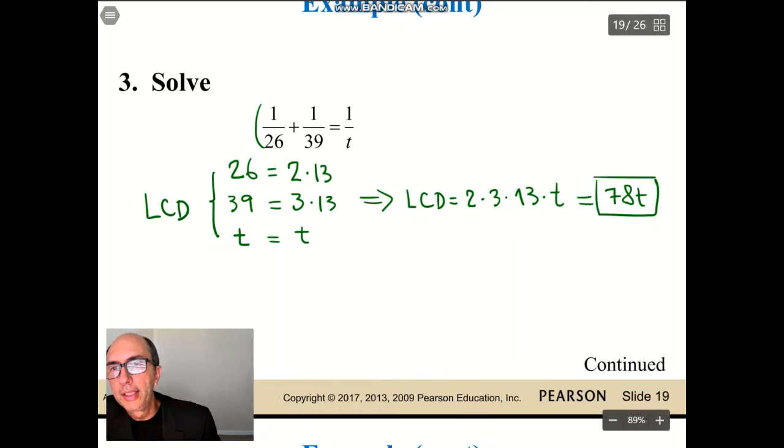Multiply on both sides by the least common denominator, 78t, and let's work step by step here.